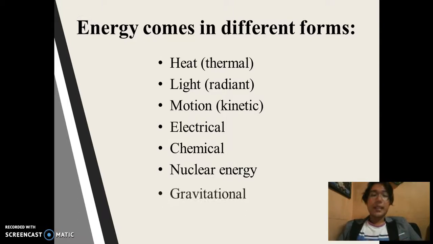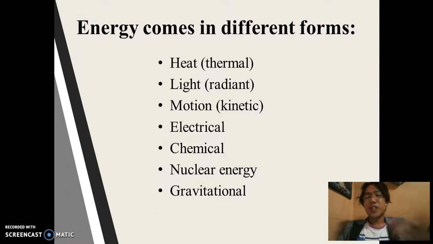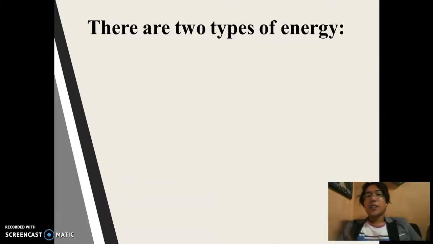Next is the gravitational energy, of course. We have the acceleration due to gravity, which is 9.8 meters per second squared. That is the number for gravity when it comes to gravitational energy. So what are the two types of energy?